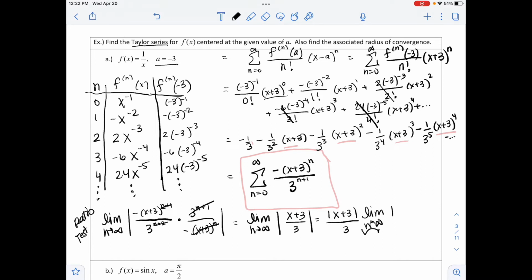And we know that this limit of a constant would just also be equal to 1, and this needs to be less than 1. So we have the absolute value of x plus 3 over 3 has to be less than 1, or the absolute value of x plus 3 is less than 3, or that our radius of convergence is equal to 3.